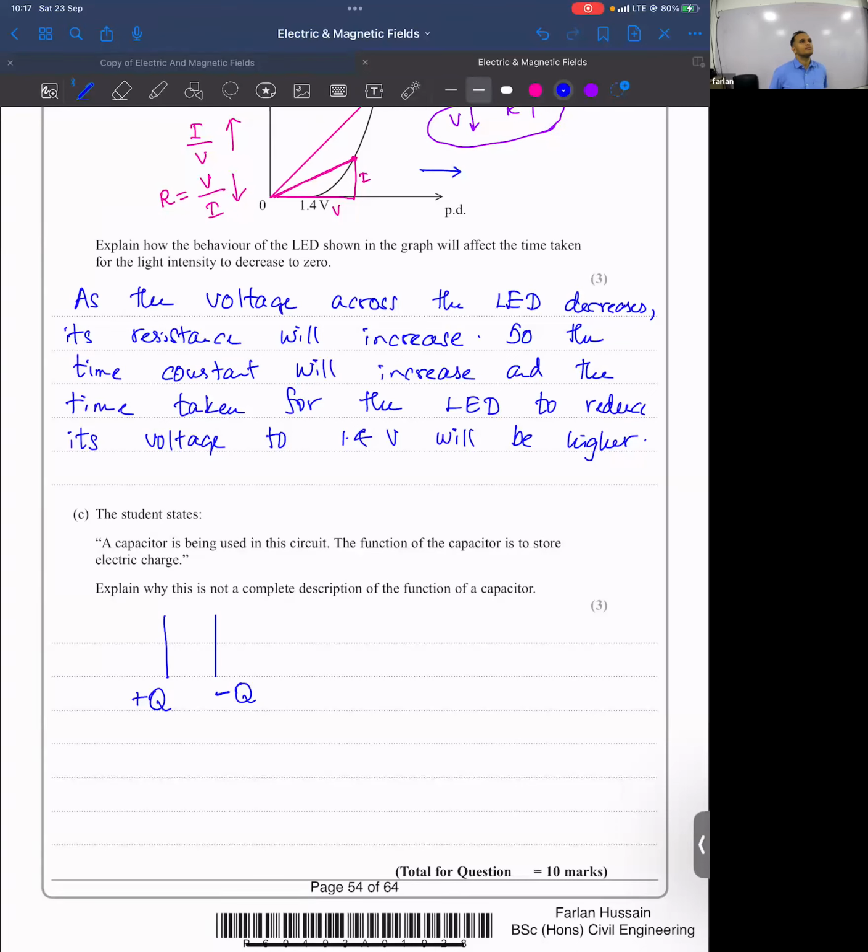Full stop. So the total charge stored is 0.